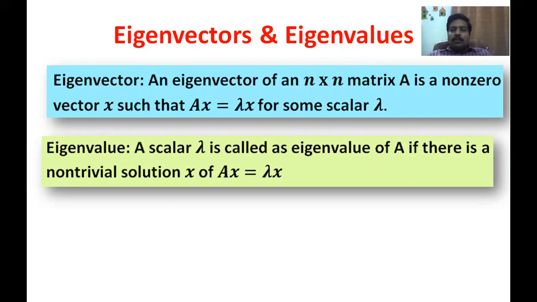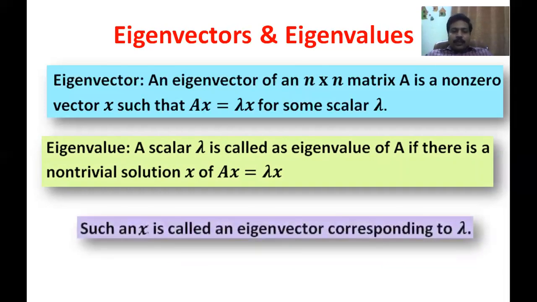If Ax is equal to 2x for some non-zero x, we can say that 2 is an eigenvalue of A. Such an x is called an eigenvector corresponding to lambda. That is, if Ax is equal to 2x for a non-zero x, then x is an eigenvector corresponding to the eigenvalue 2.